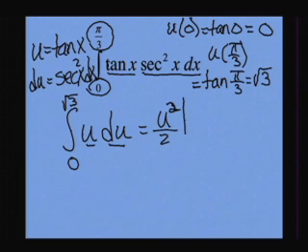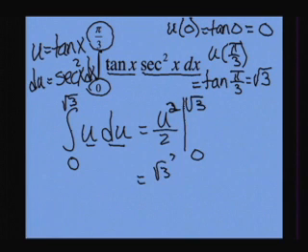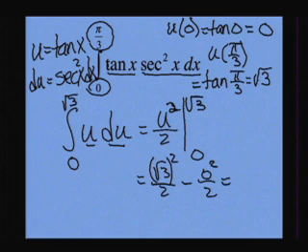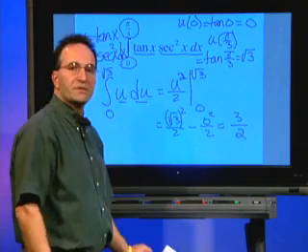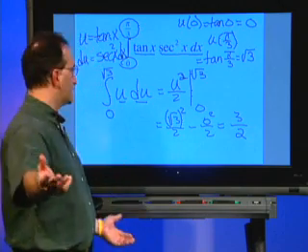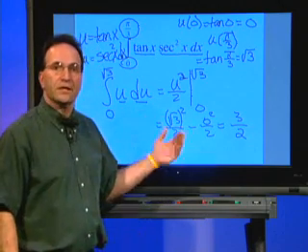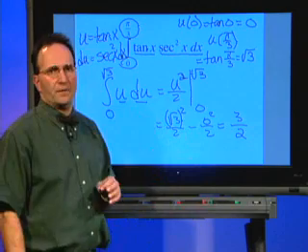And we're going to evaluate it from 0 to the square root of 3. So what this is equal to is the square root of 3 squared over 2 minus 0 squared over 2, which equals 3 halves. So clearly in this particular example, it was much easier to make a substitution and then evaluate the integral.